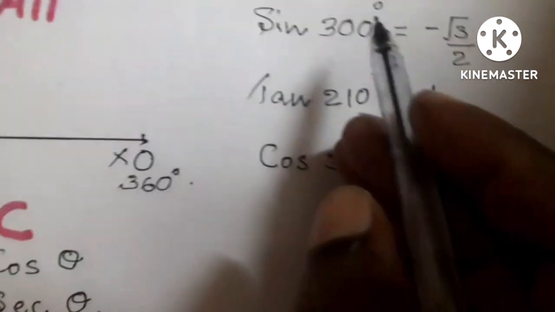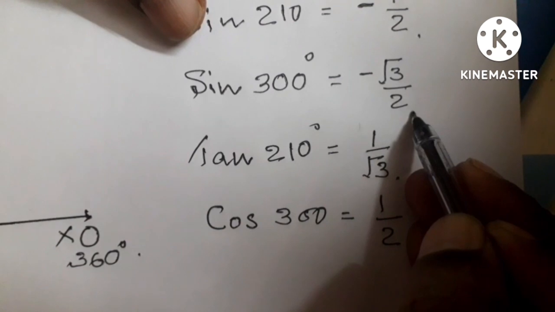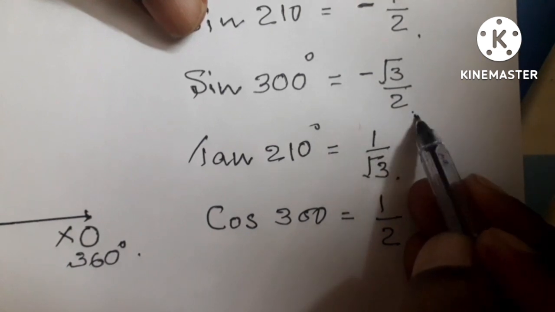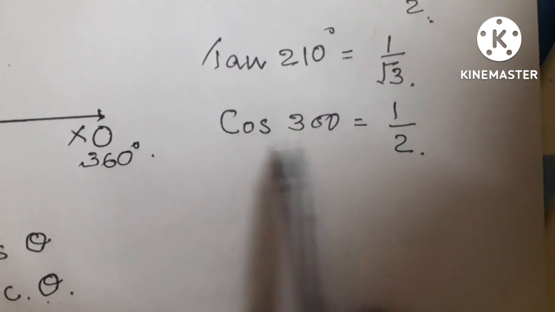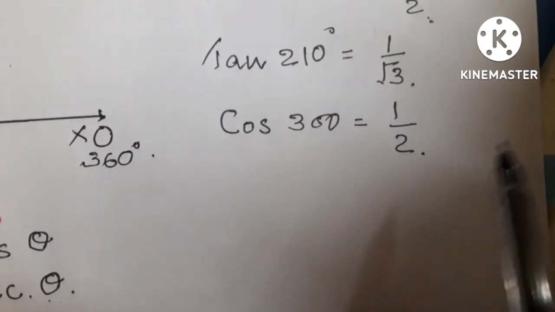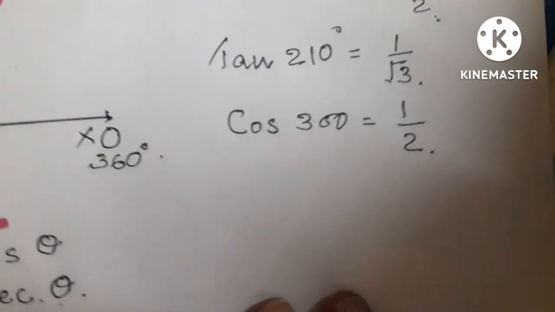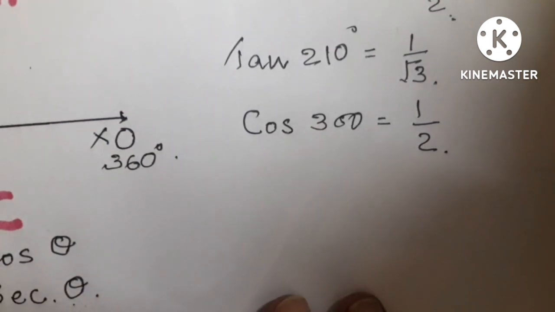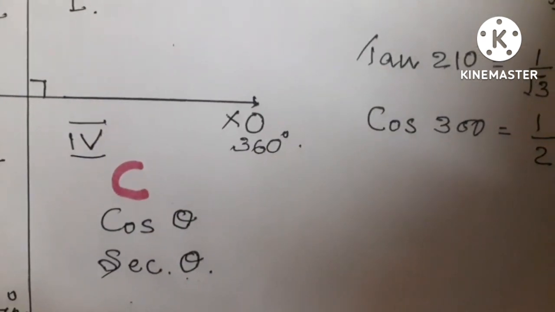So sine 300 is equal to minus root 3 by 2, and cos 300 lies in the fourth quadrant, so its value is positive. So this is the shortcut method. To remember these values, I will tell you certain shortcut methods.